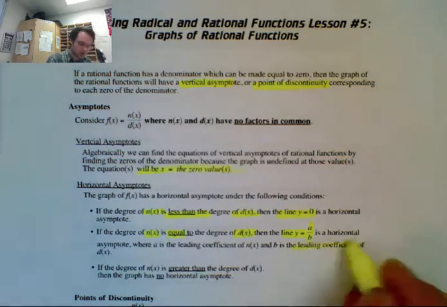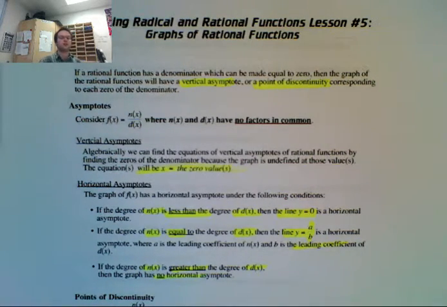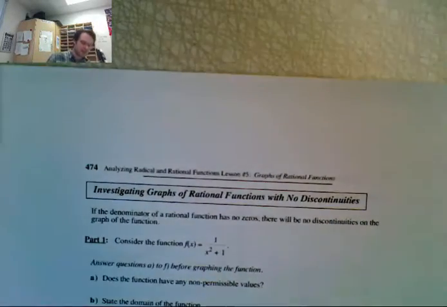Okay, and these are the leading coefficients. Now if the degree of the numerator is greater than the degree of the denominator, then there's no horizontal asymptote.